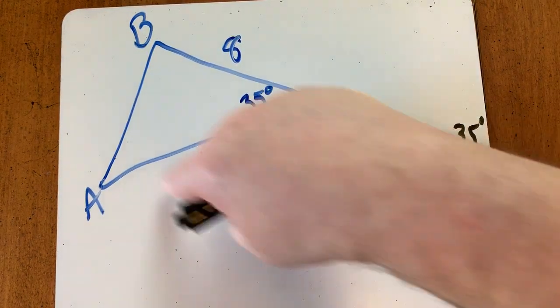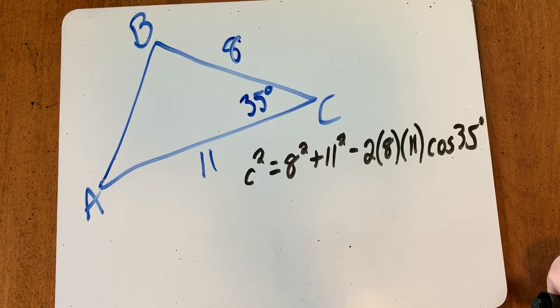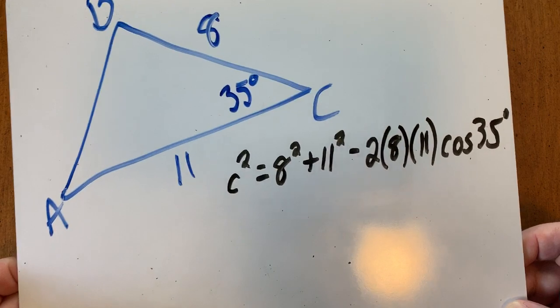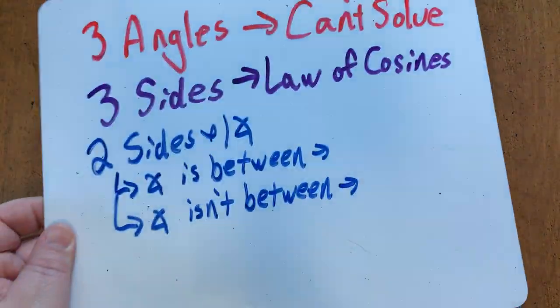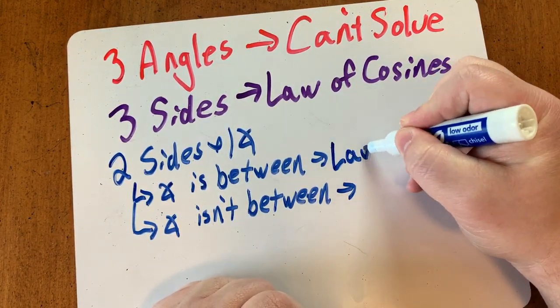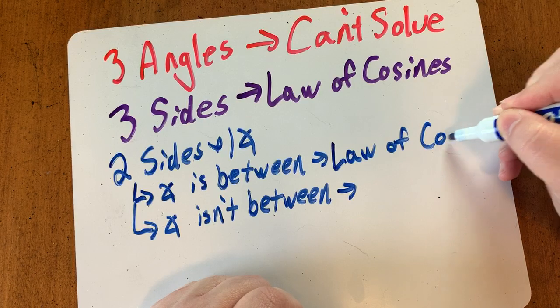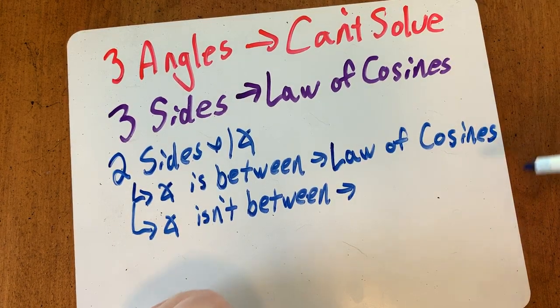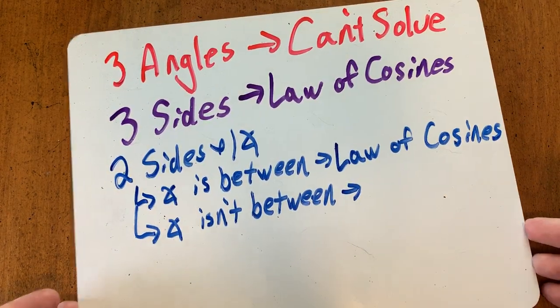And then look, you have all three sides, so you could use the law of cosines again. So it starts out, if you have two sides and the angle in between, it's law of cosines. So let's try a case when it's two sides and the angle isn't between.